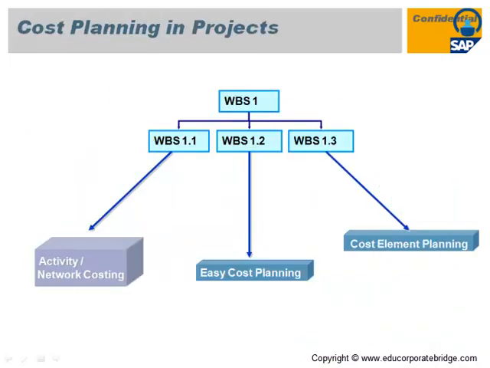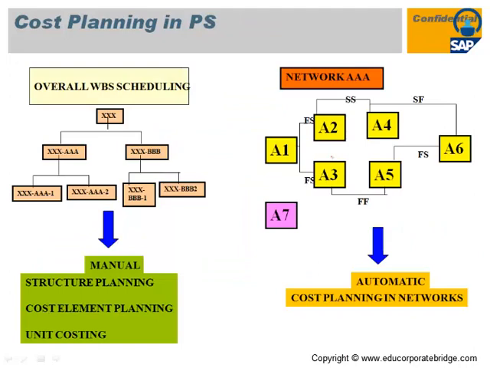There are three cost planning methods available in the standard SAP system: activity and network costing, easy cost planning, and cost element planning. These are the major, brief-level cost planning methods available in the SAP project system module. You can do the cost planning either on a WBS level or on the network activity level.